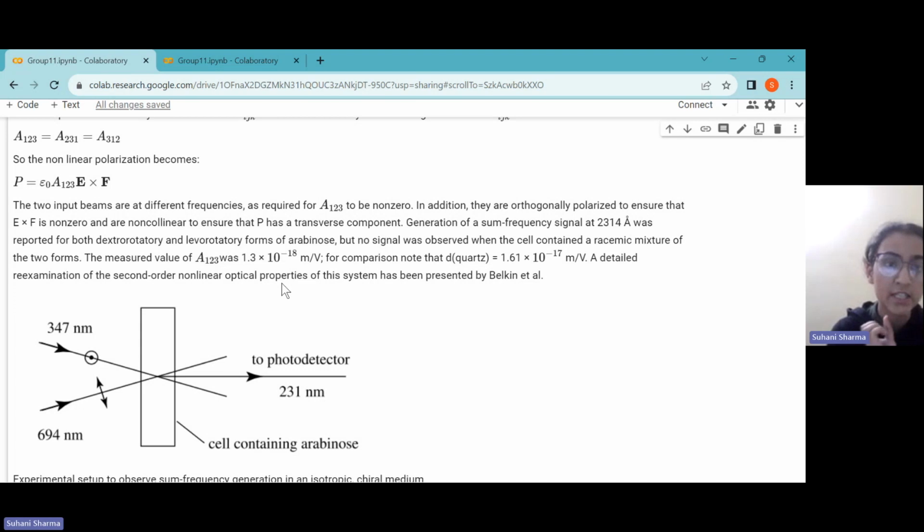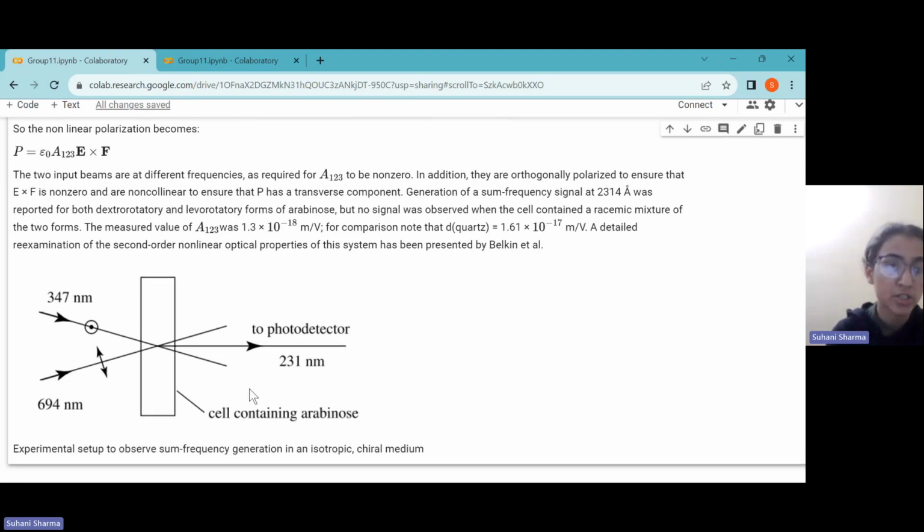Now we will see the measuring of A123, which are the only coefficients left of Aijk, and its significance. The value of A123, which plays a crucial role in sum frequency generation, was measured using this experiment to be 1.3 times 10 raised to power minus 18 millivolt.